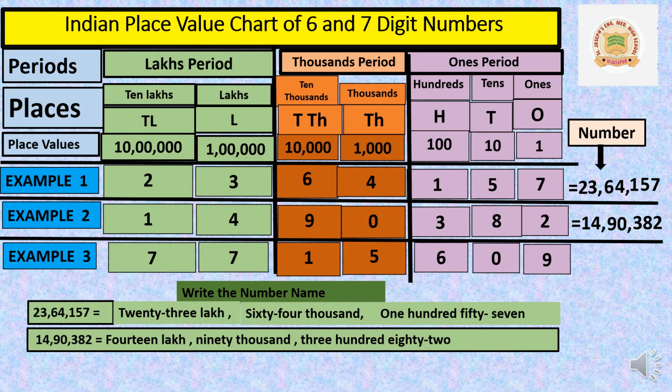Let us take third example. So numbers also appeared on the screen. So now in the lakhs period we are having 7 in 10 lakhs place. In the lakhs place we are having 7. This becomes 77 lakh. And in the thousands period we are having 10,000 place 1, thousands place 5, 15,000.